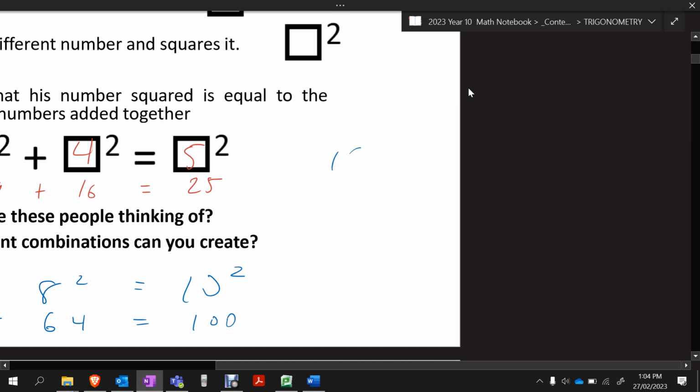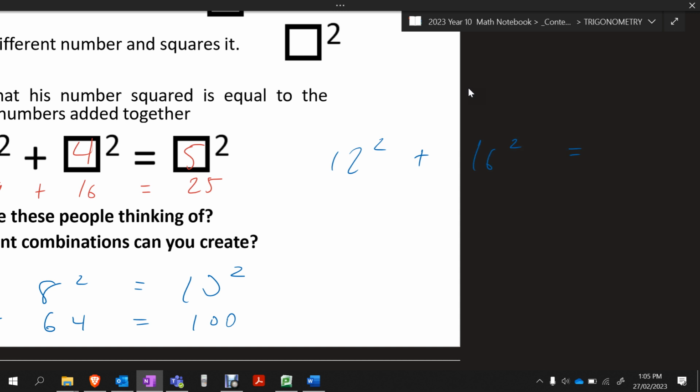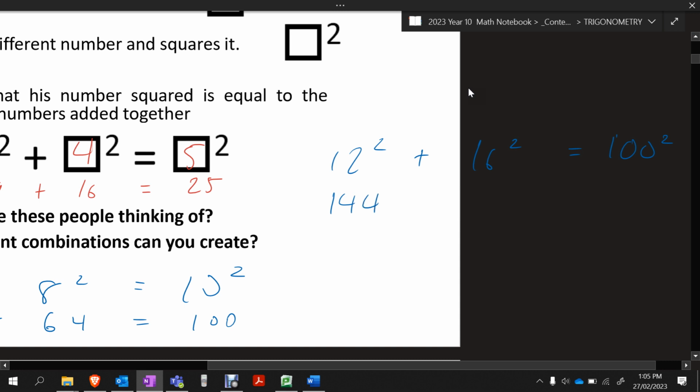12 squared plus 16 squared equals 20 squared. Oh, big numbers. Let's try it. I don't know if that'll work, actually. Well, what's 12 squared? 144. What is 16 squared?